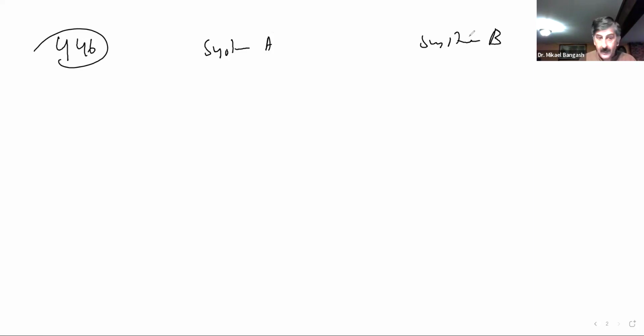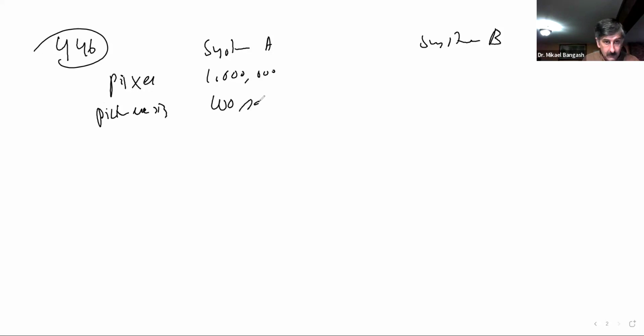System A has how many pixels? One million pixels in a picture that is 100 square inches. So you can say that its picture size is 100 square inches.